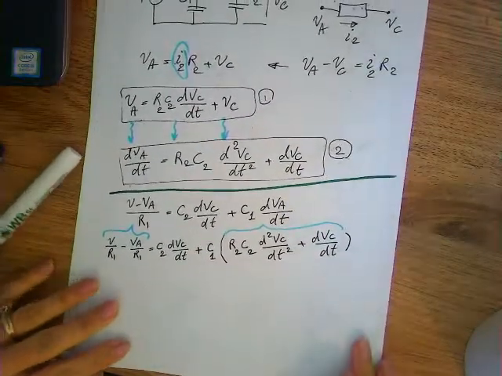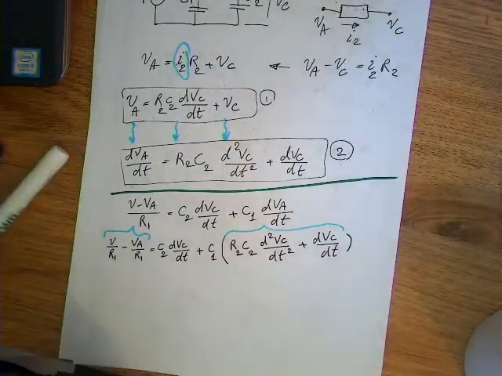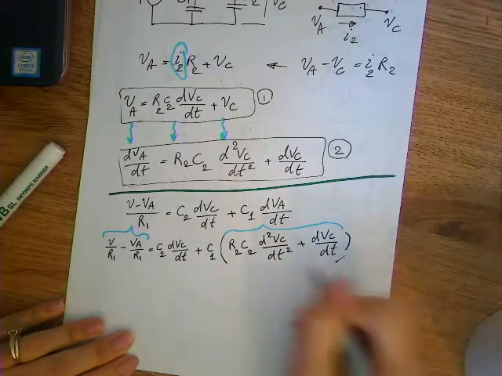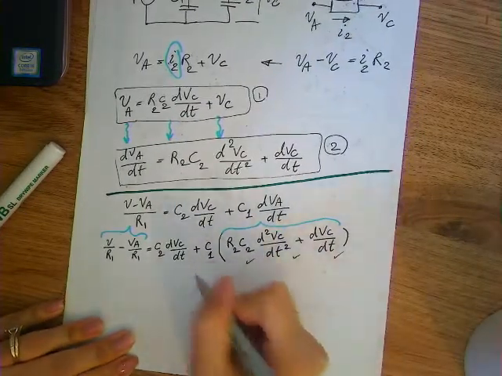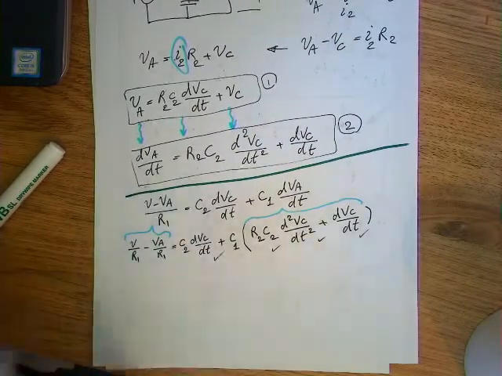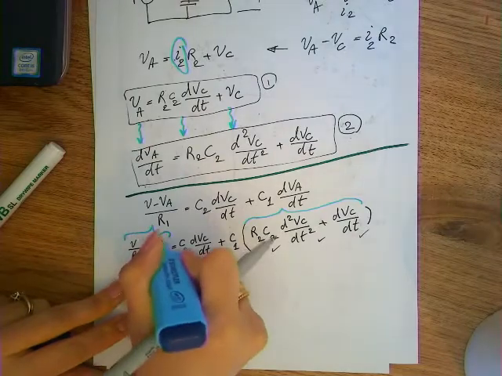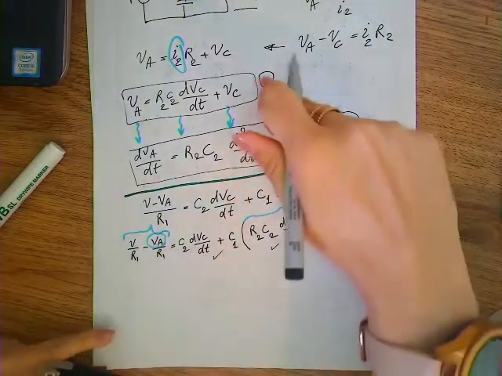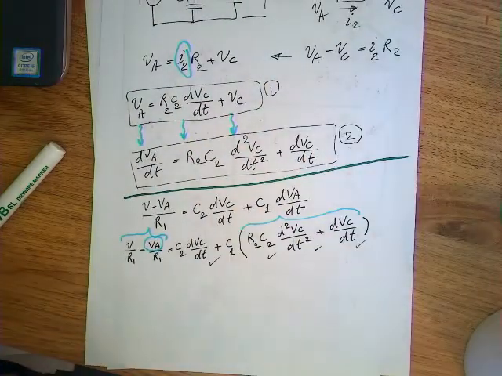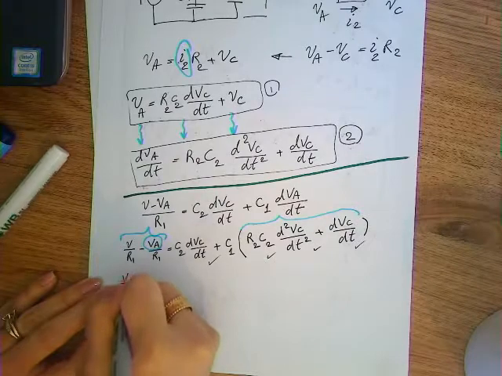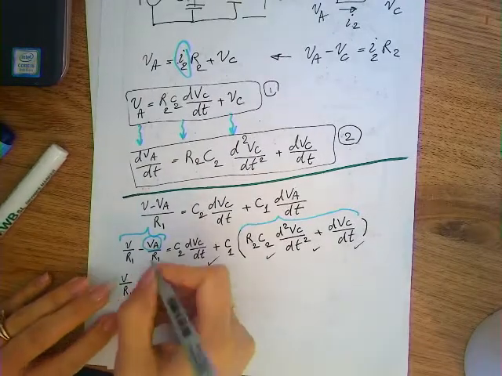Now, what else can I do? Here it's all okay. I like it. Yep. Everything looks good. The only problem that I have is this guy here. That should be replaced. Now, for doing that, I'm going to use equation number 1 here. So, V R1 minus.